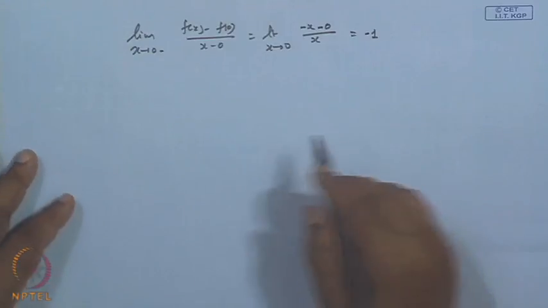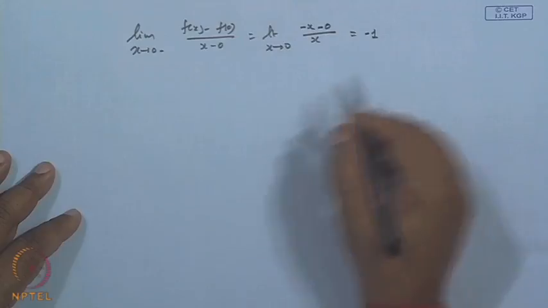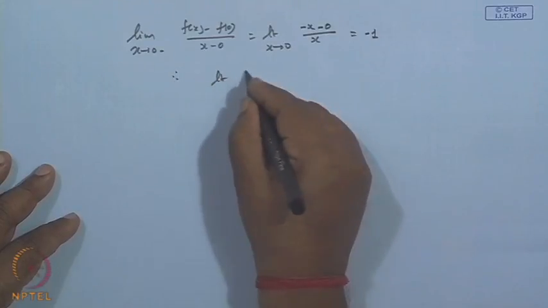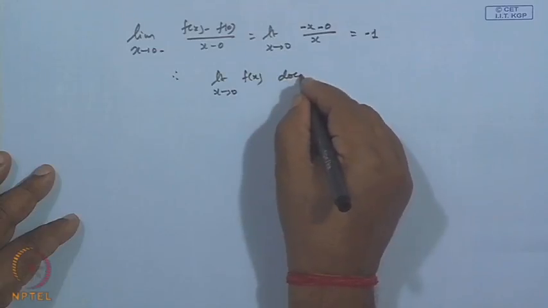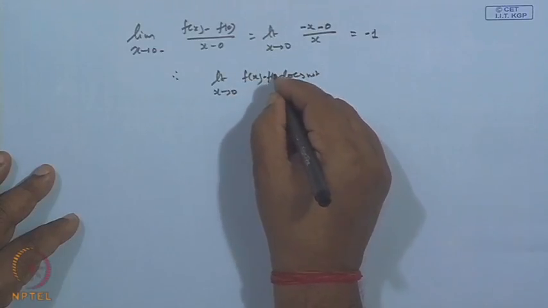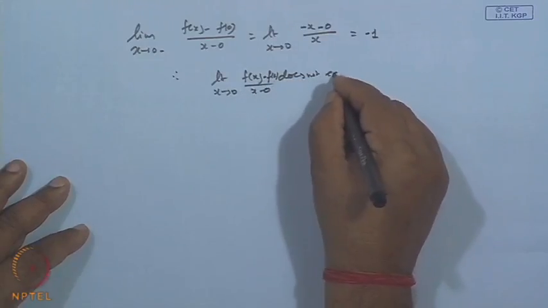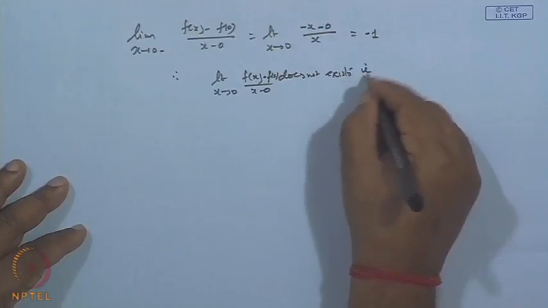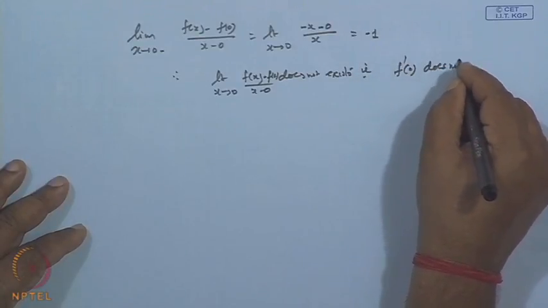So, the right hand limit comes out to be plus 1, and the left hand limit comes out to be minus 1. Therefore, the limit of (f of x minus f of 0) over (x minus 0) as x tends to 0 does not exist. That is, the derivative of the function at the point 0 does not exist.